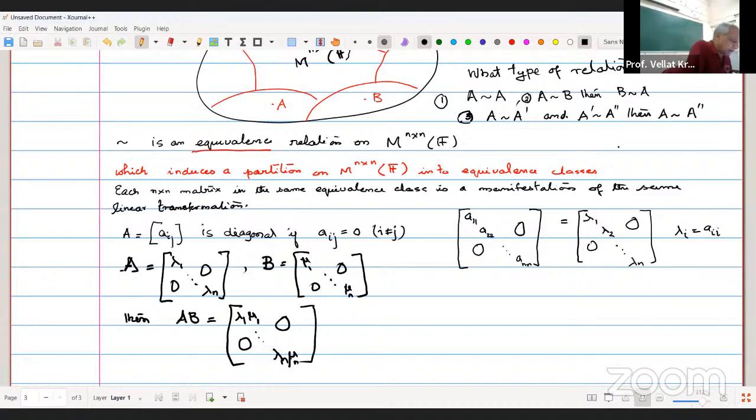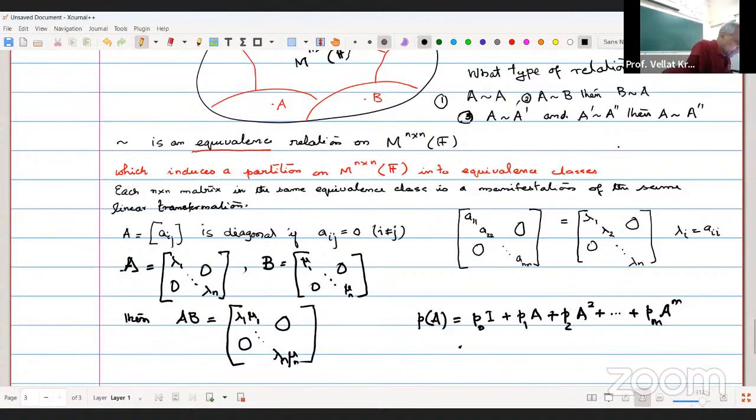For example, if you want to write down a polynomial in A, P(A) becomes simply P0 into I plus P1 A plus P2 A squared up to Pm A to the power m.